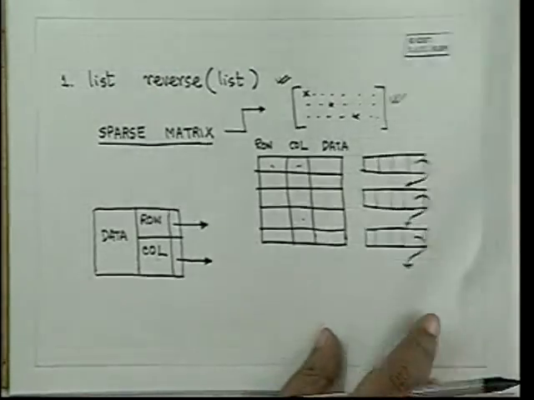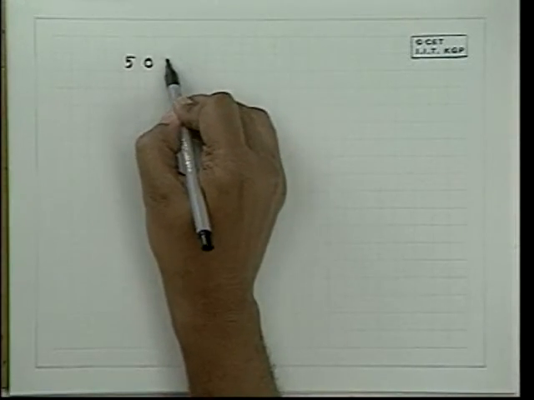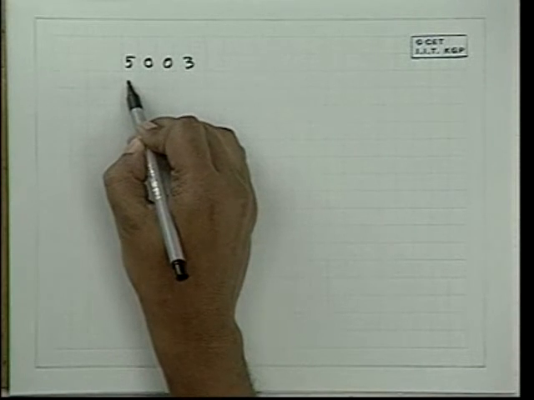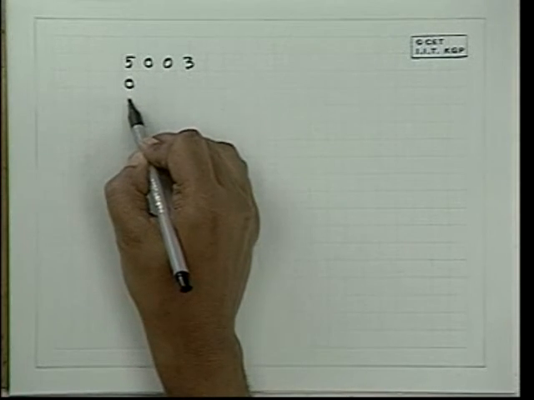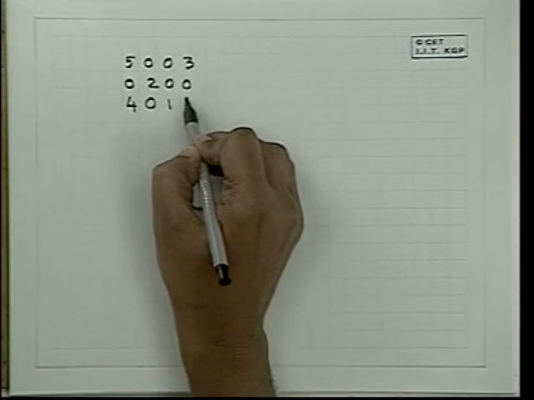Then you will have a structure of an array which looks like this. Suppose it is 5 0 0 3, 0 4 2 0, 0 1 0 1.